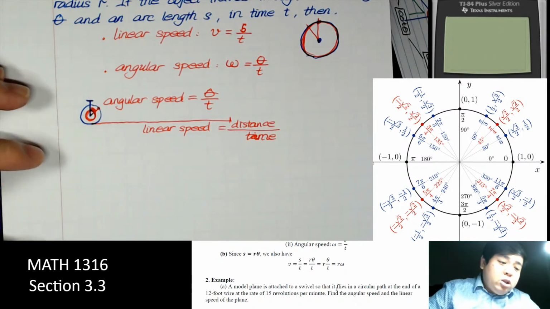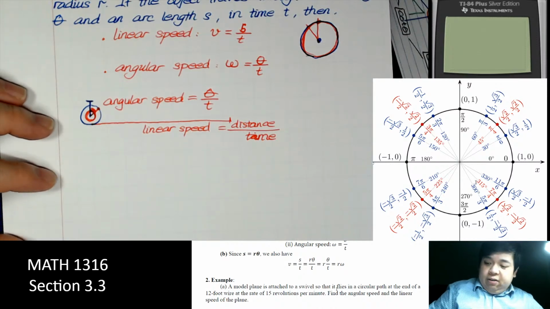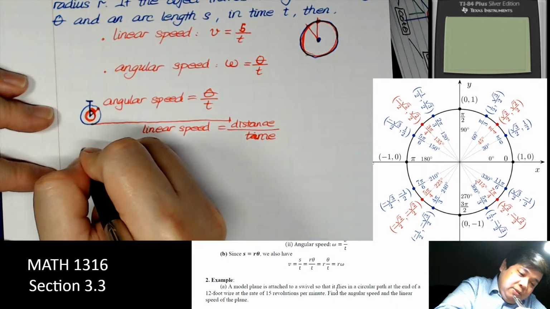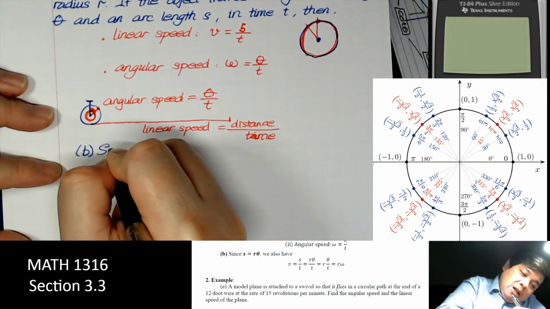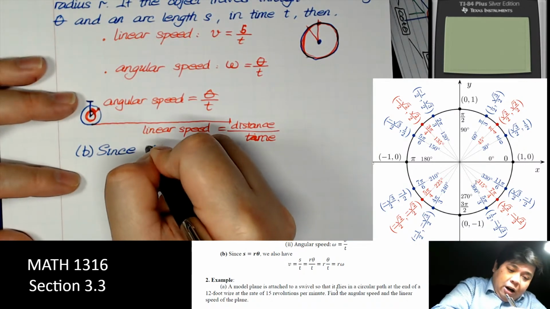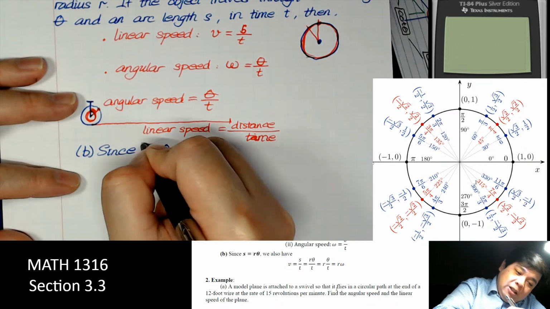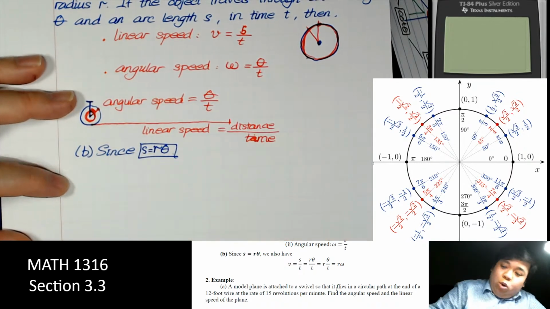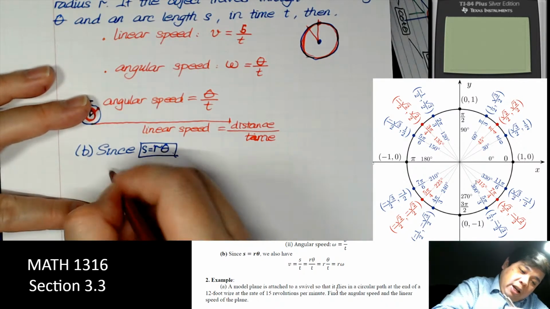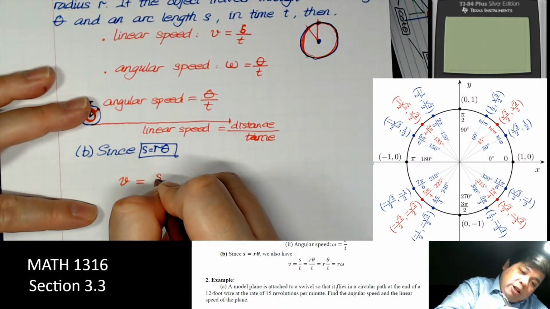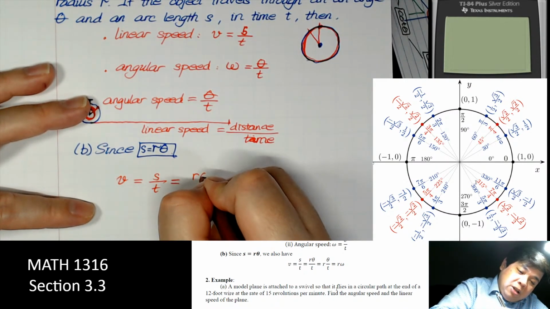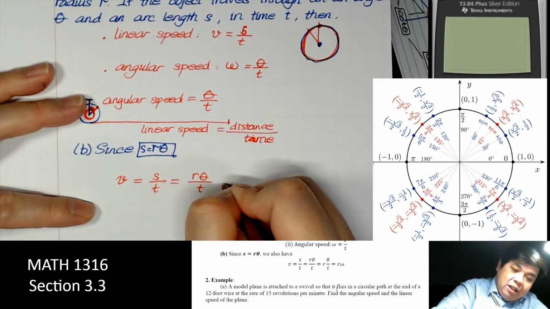Now, let's put those things together. Since arc length is equal to r times theta, put this together, we have v equal to distance divided by time. Distance is the arc length, r times theta, divided by t.